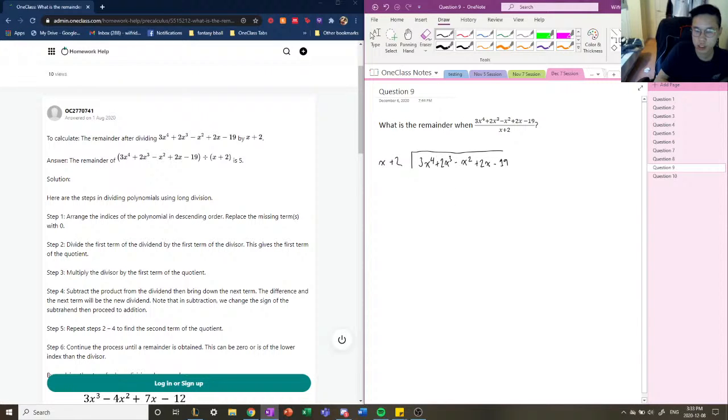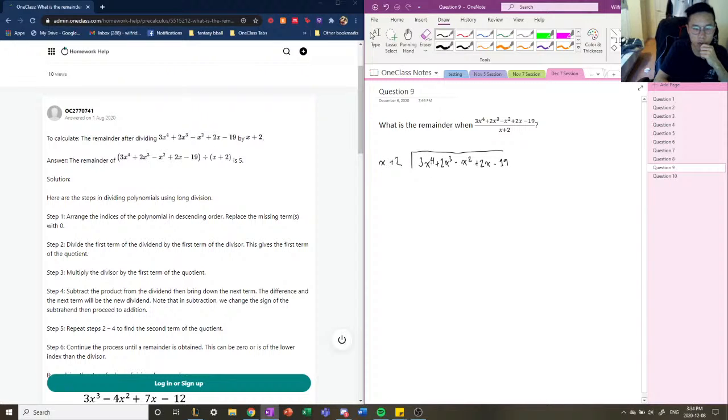Basically, how to divide is by treating these as the digits of a number and trying to simplify them as we go. So we see here that we have a 2-digit number or a 2-term factor here. So we're going to try to get rid of 2 digits at a time here. Okay, that's how you kind of think about it. It's easier to just do the example.